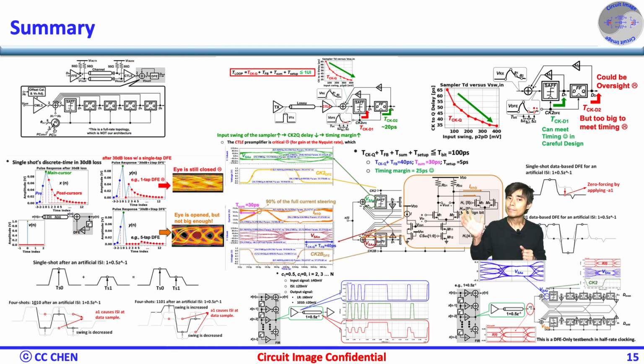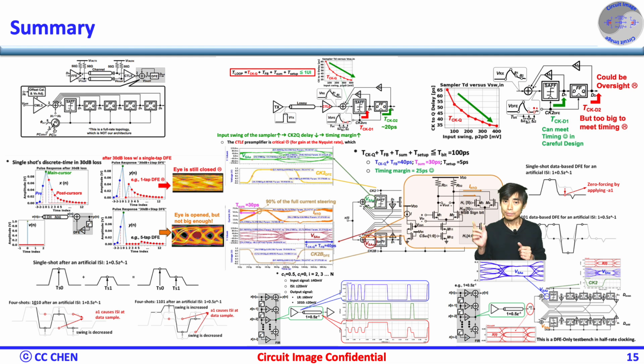So, we must verify each tap one at a time, respectively, without the CTLE. Unfortunately, the individual timing check of each tap is impossible with the real channel loss of 20 dB or 30 dB.